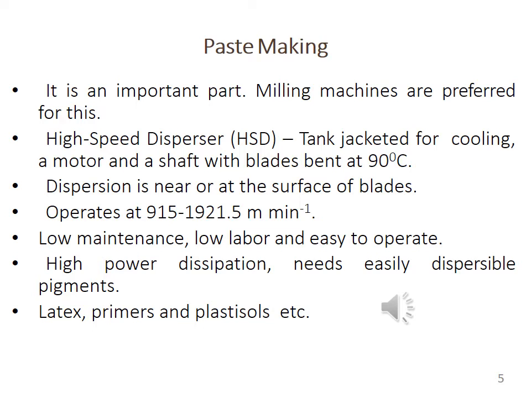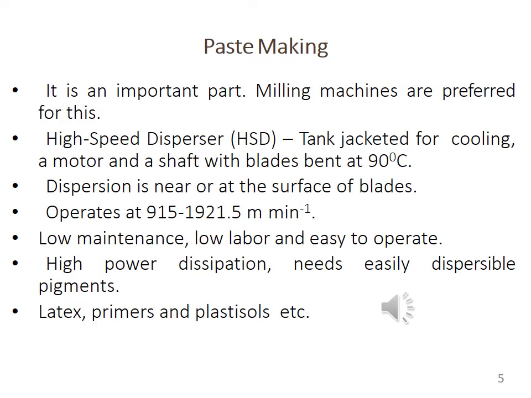It consists of a tank, and this tank is jacketed for the purpose of cooling. High speed disperser consists of a tank, a motor and a shaft with blades. First, the tank is jacketed for cooling. The shaft blades are bent at an angle of 90 degrees.